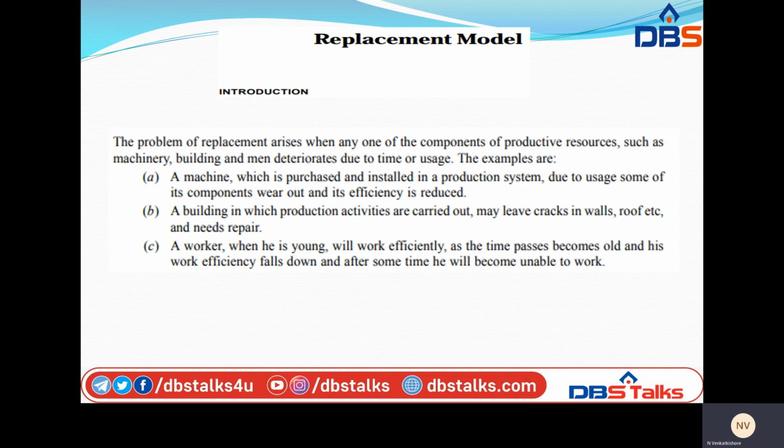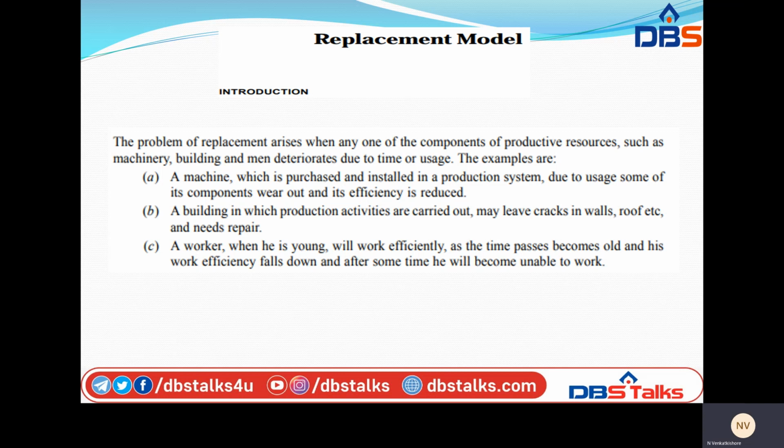Suppose let us take a bulb. In our daily application, we may use a bulb, either a tube light or a 60-watt bulb, whatever it is. Whenever we find the efficiency of the light, that means the lighting capacity, or the working condition of the bulb, has reduced, what we need to do is replace the existing one which was damaged or not working properly with a new one.